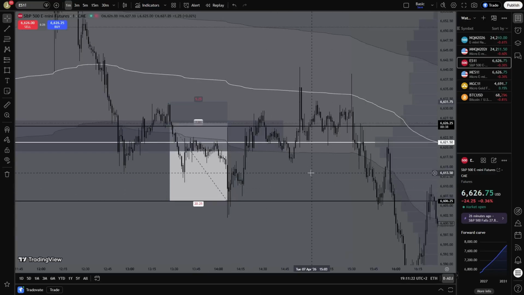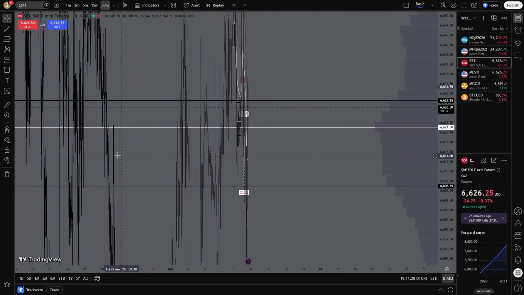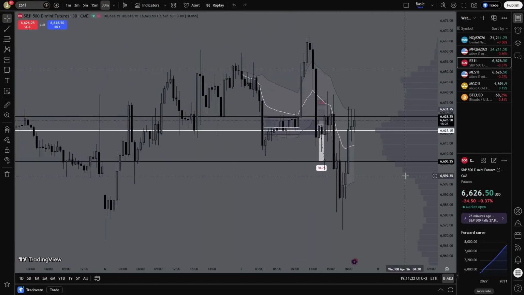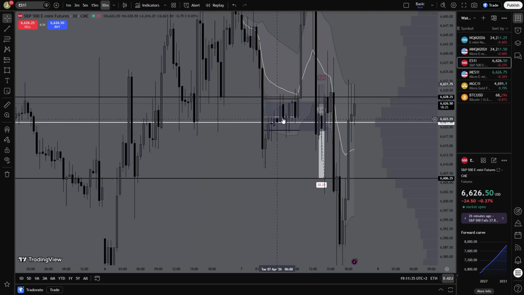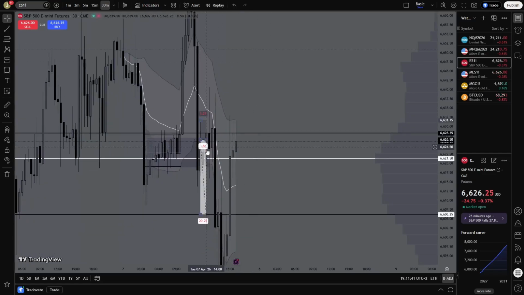The first thing I'll do is mark out my 30-minute fair price. That is the thing I do first. So this is the fair price, this is the consolidation, and we are currently coming to it after this huge sell-off.